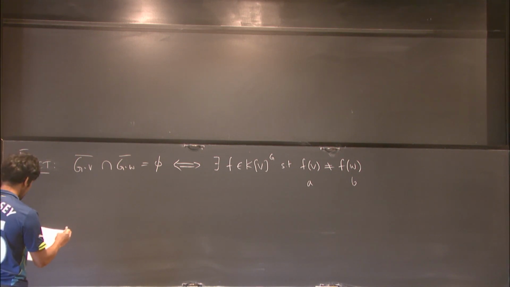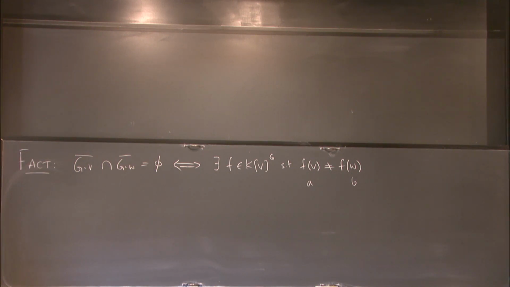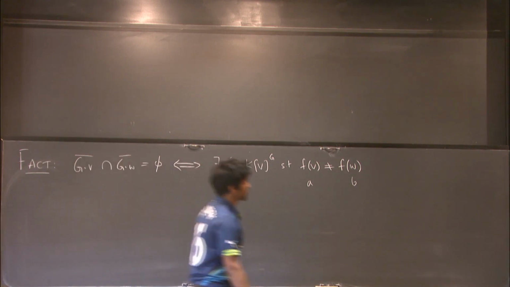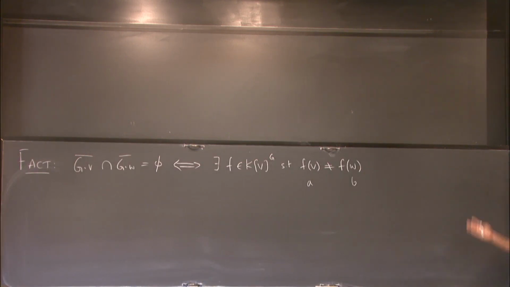Now I'm going to give you an example of why you might care about orbits and their orbit closures and whether they intersect or not. This example is going to be graph isomorphism.